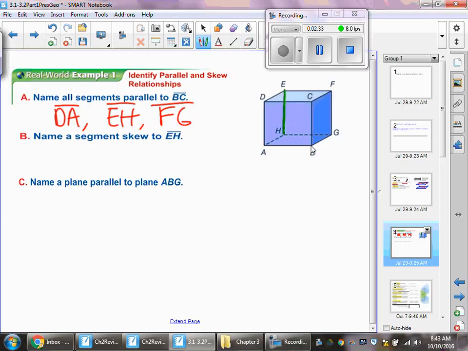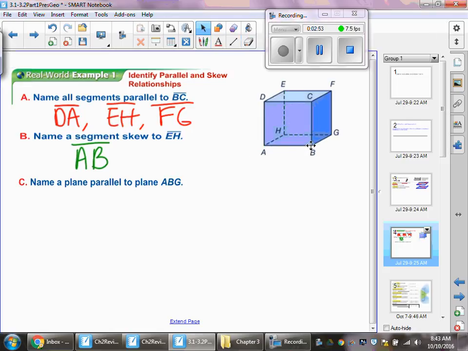DE and EF could not be skew because they'll intersect. An example of a skew line would be AB. Notice they are not parallel and they do not intersect.